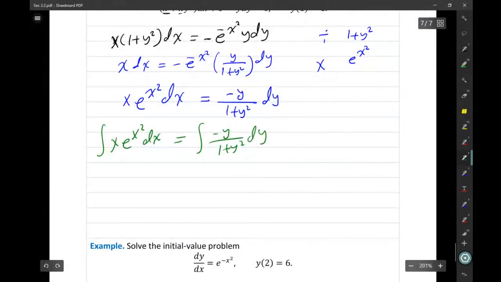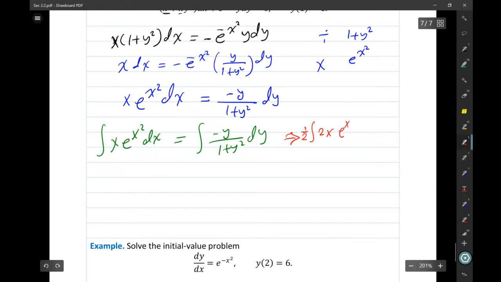Now, what's the integral of x e to the power x square? Who can tell me? Doctor, you can let x squared equal u. We can multiply by 2 and divide by 2, so the integral is multiplied by 2 and by half, and the derivative becomes 2x.